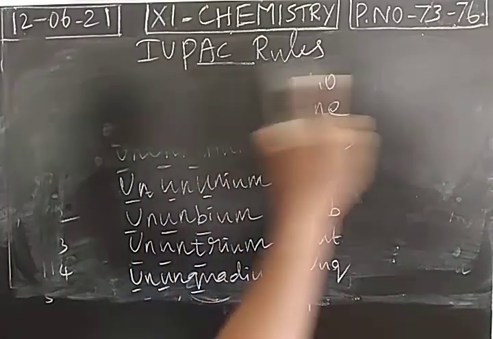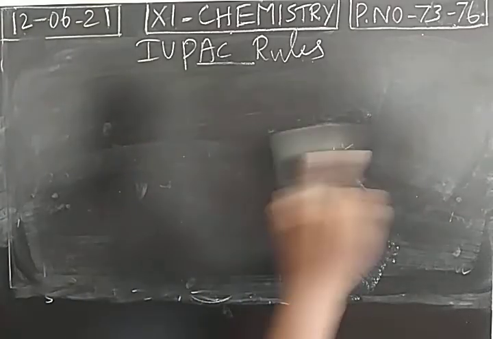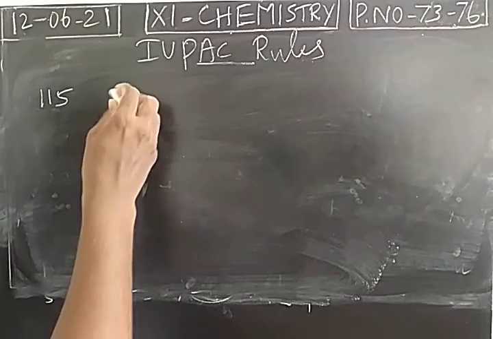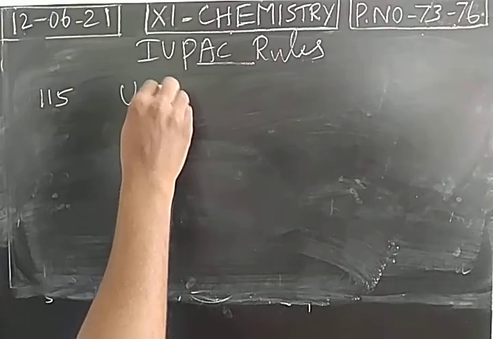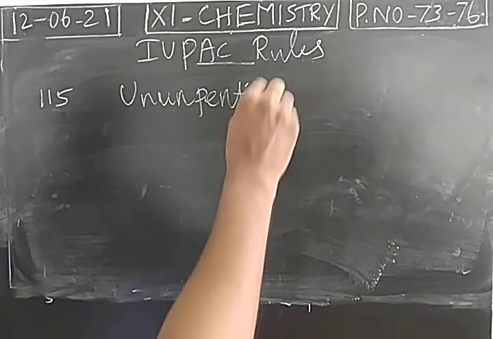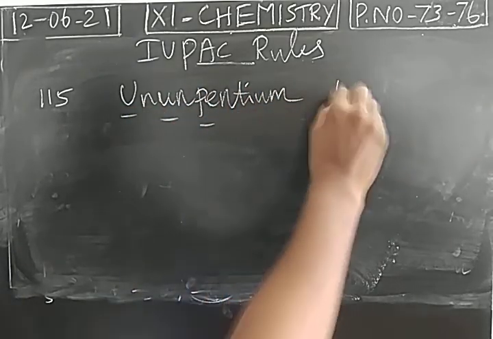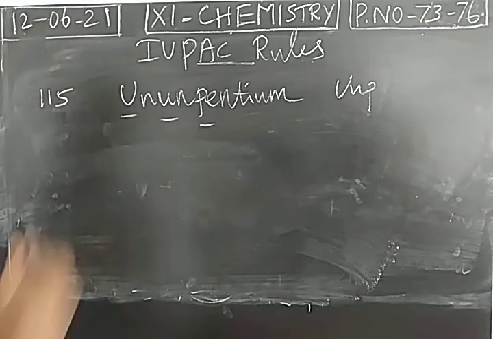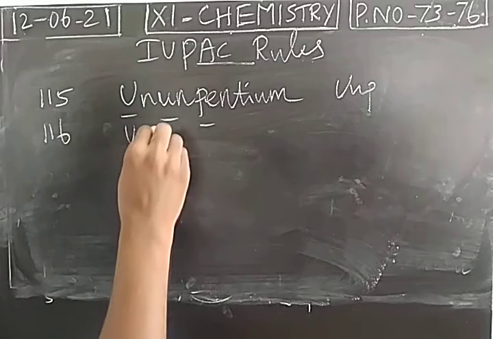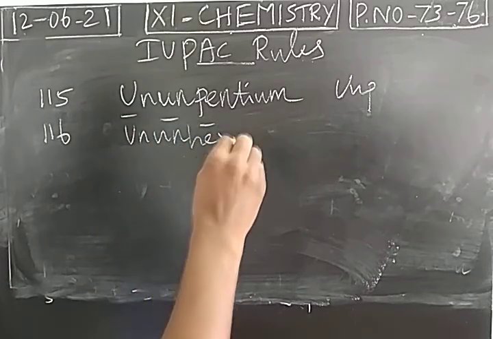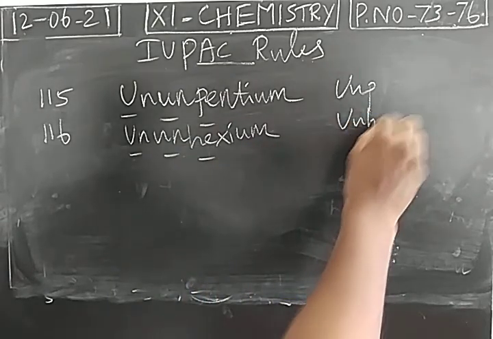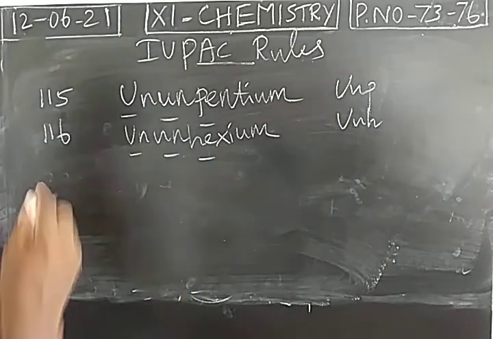Next, element with atomic number 115. 5 means pent, so ununpentium, Uup, symbol. Element with atomic number 116: ununhexium, Uuh.